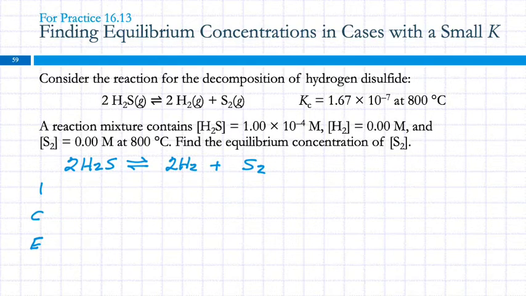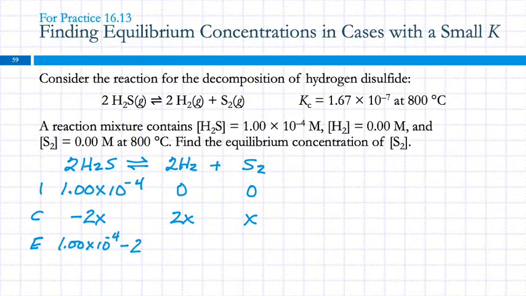My initial concentration of H2S is 1.00 times 10 to the minus 4, and both of the products are 0. Now this obviously has to go to the right. This is going to decrease by 2x, that will increase by 2x, that will increase by x. This change row is the same as on the previous problem. So here I have 1.00 times 10 to the minus 4 minus 2x, I have 2x, and I have x.